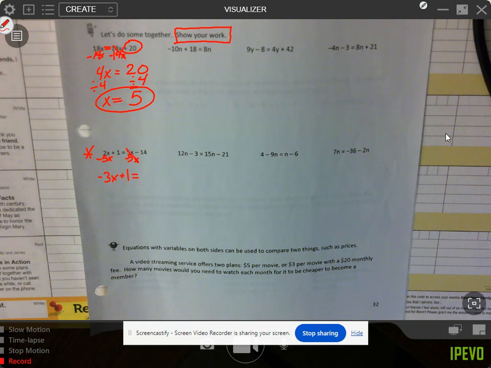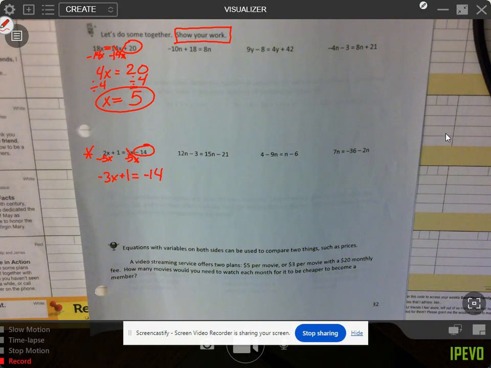So what does it equal, Claire? Negative 14, because that minus 14 becomes negative 14. So now what's my next step? Madden? Subtract 1 by 1. Why would I subtract the 1? Why couldn't I add 14?